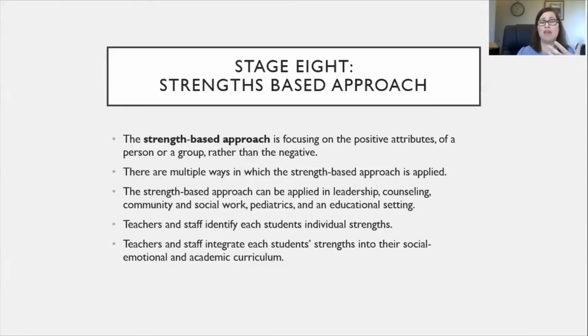So whether you have a young athlete, a young artist, or someone who's particularly kind and caring or organized, you want to build that strength into everything that you're trying to teach that particular student, whether it's a social and emotional skill such as coping with anger, or an academic skill such as learning multiplication or division, or memorizing the names of the presidents.